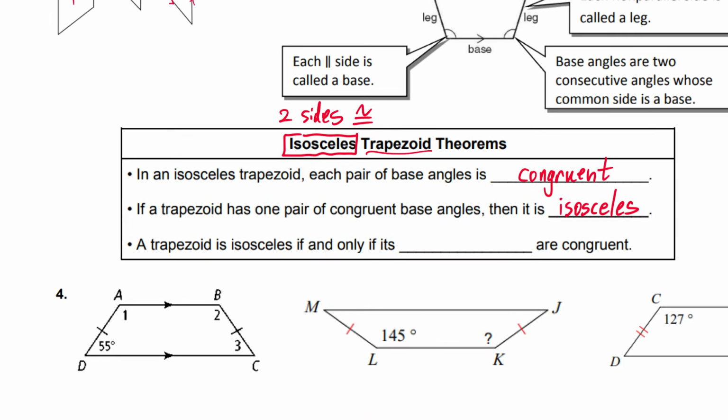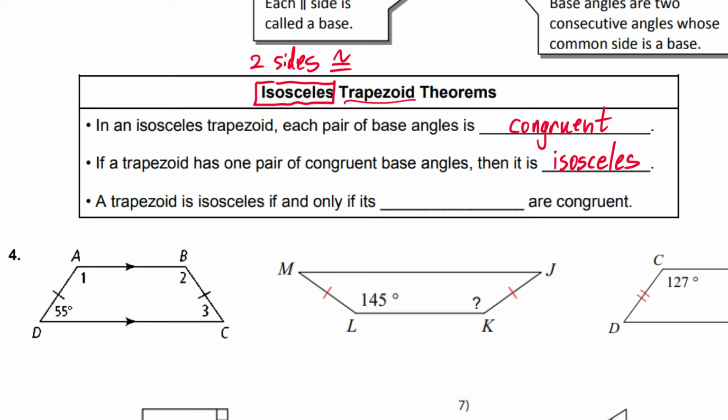So basically, this and this are just the converse, pretty much, just in reverse. And the last one here is a trapezoid is isosceles if and only if its diagonals are congruent. So in an isosceles trapezoid, the diagonals are congruent.